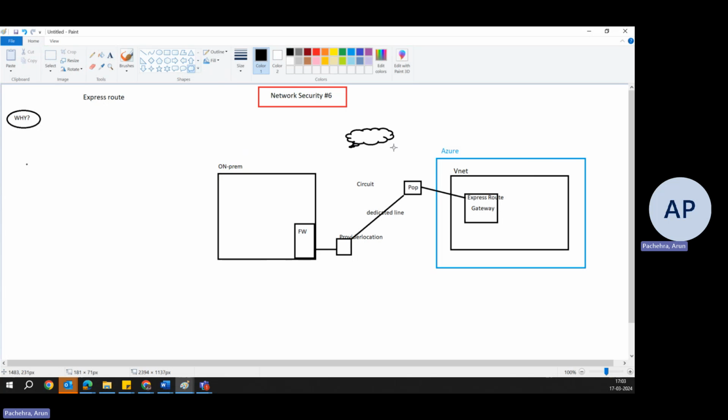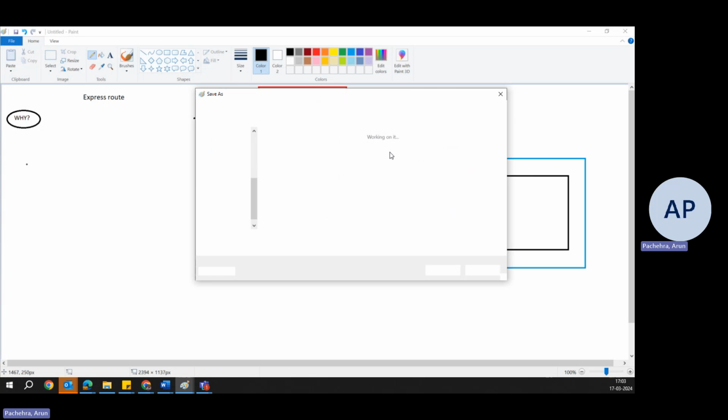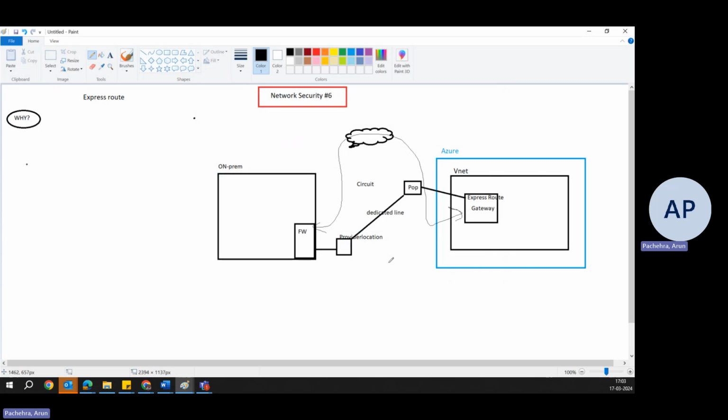If you remember, our VPN was going via the internet, but this one is not going through the internet. This one is simply a dedicated line to Azure.